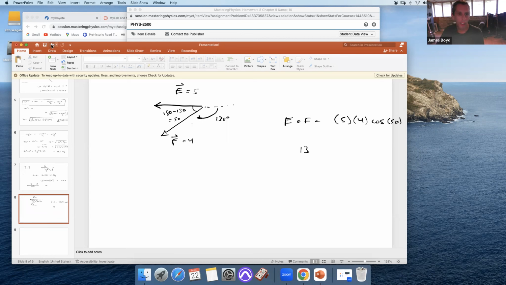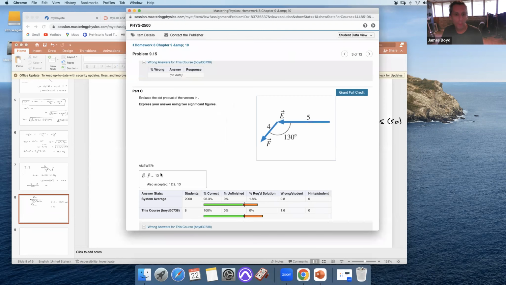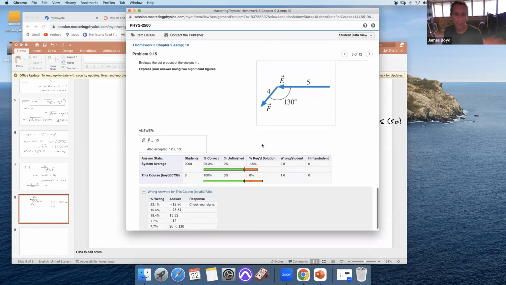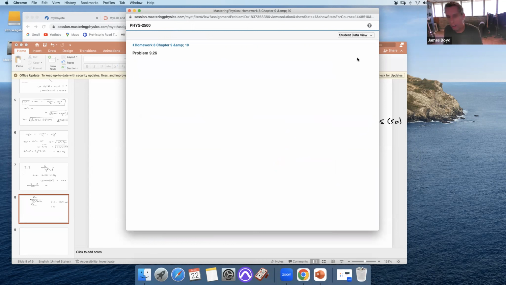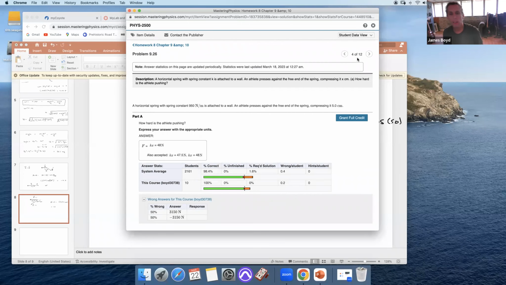They want 2 sig figs. So this answer is 13. But the big trick is place them tail to tail. E and F have to be tail to tail for you to do a dot product. And that's all. I just wanted you guys to have a little bit more practice with dot products.